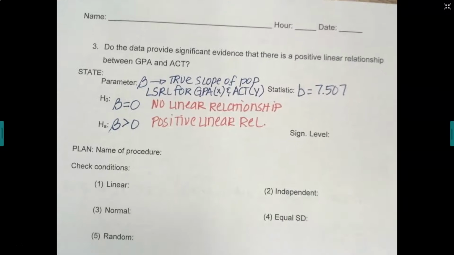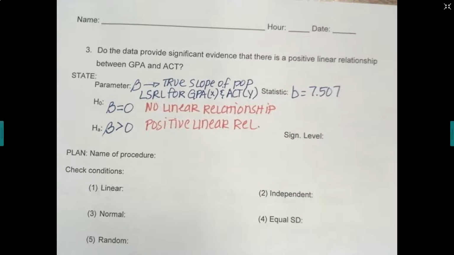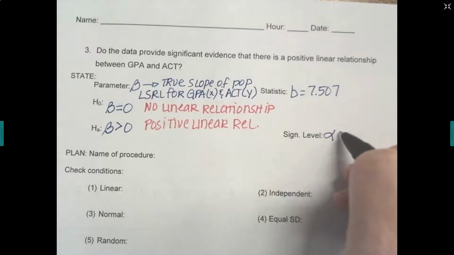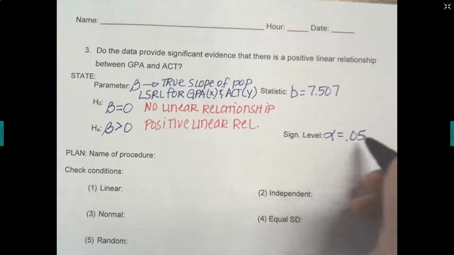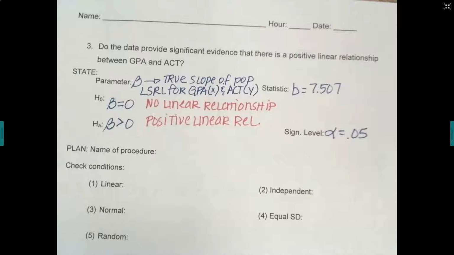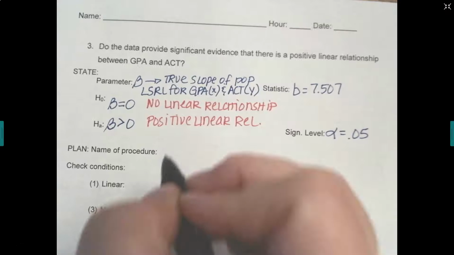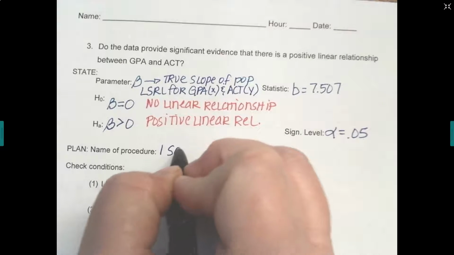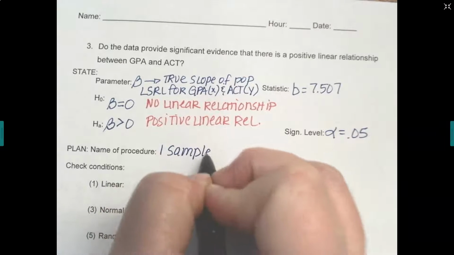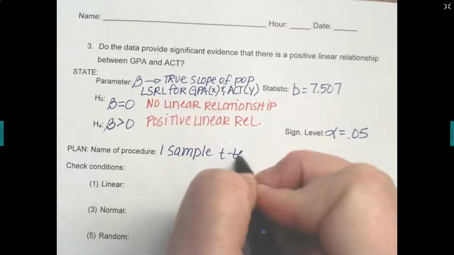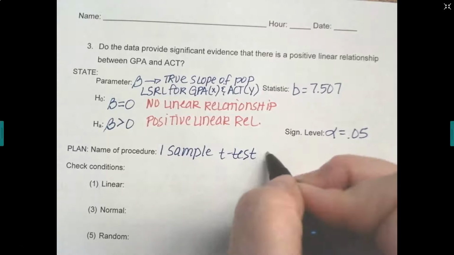Our significance level isn't given, so we're going to use alpha 0.05. The name of the procedure is a one-sample t-test for slope.